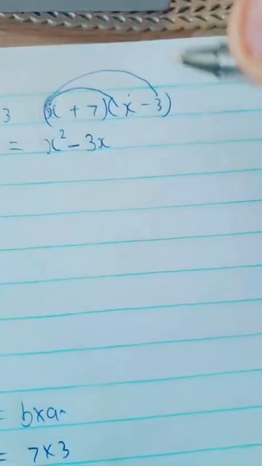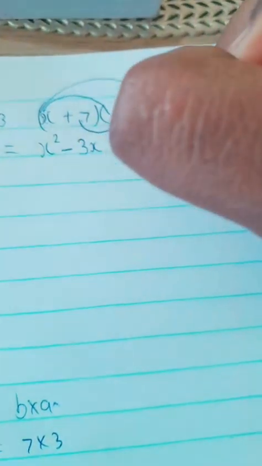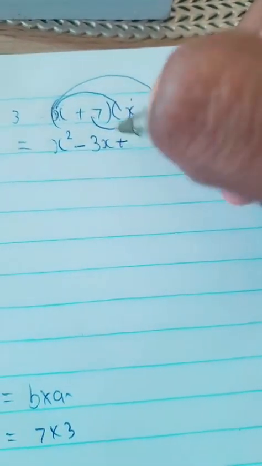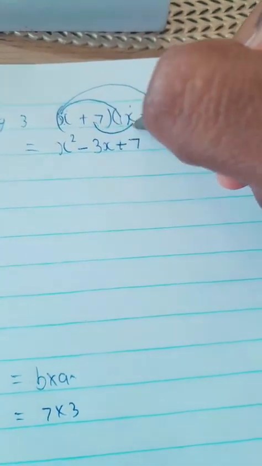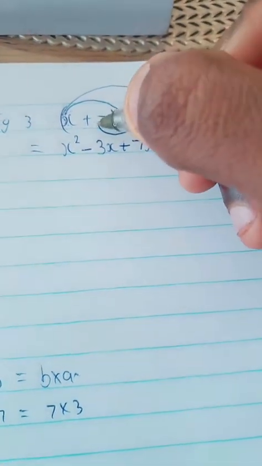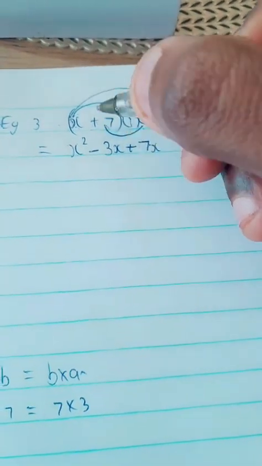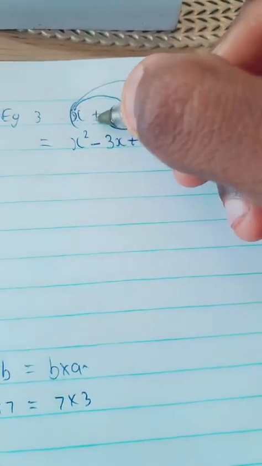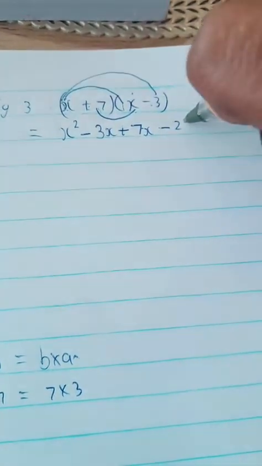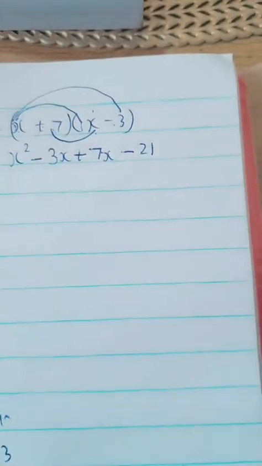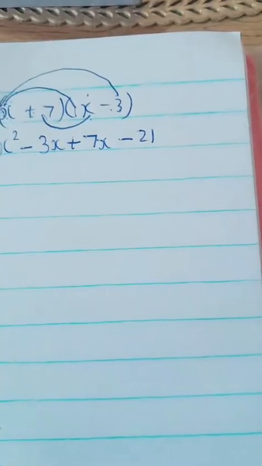Then inner terms, positive times a positive is positive. 7 times the coefficient 1 is 7x. Then last but not least, positive 7 times negative 3. Positive times a negative is negative. 7 times 3 is 21. There is no variable.